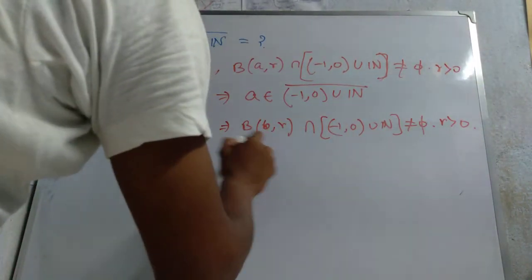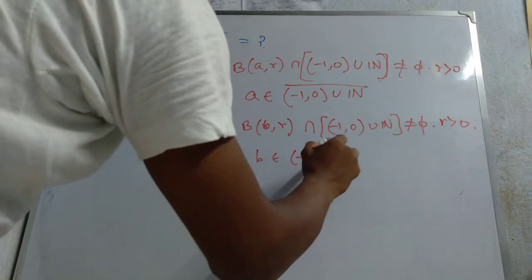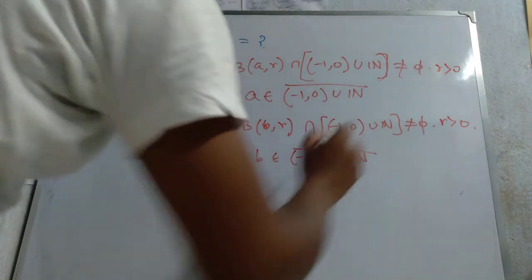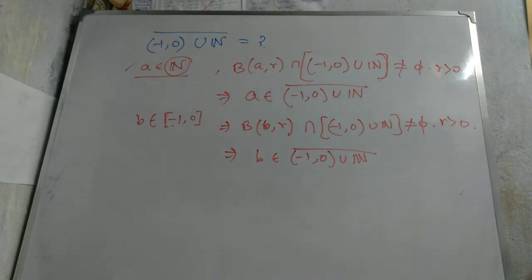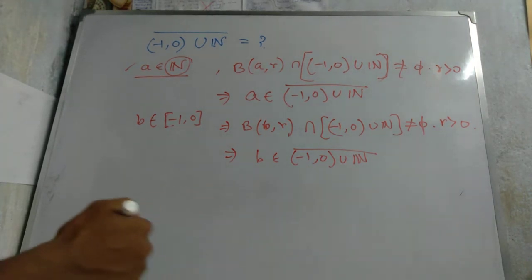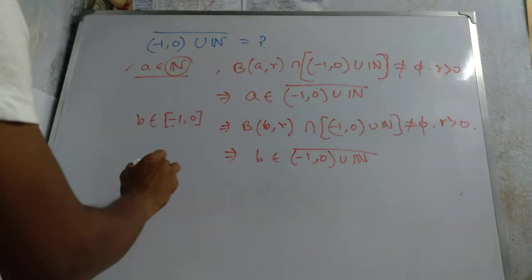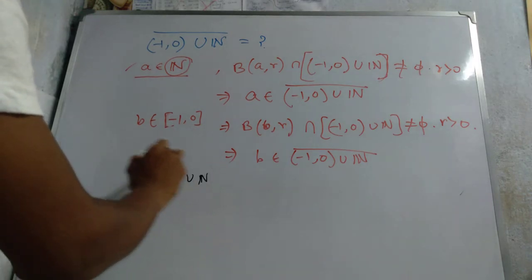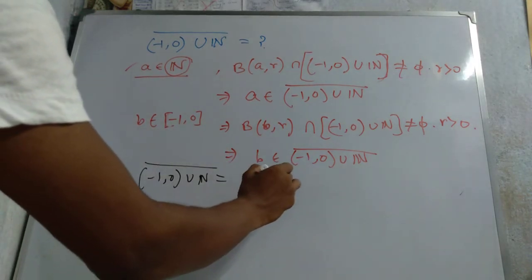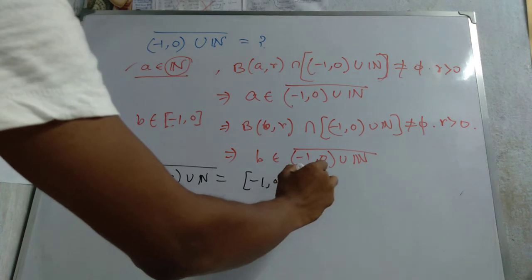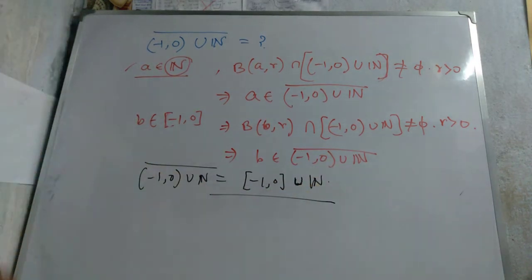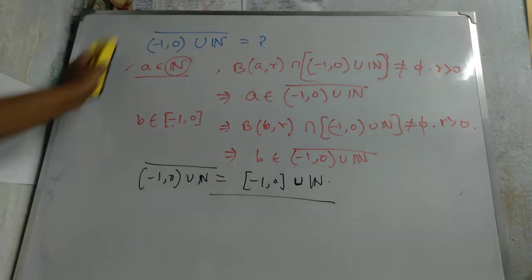This implies that p belongs to the closure, obviously. So what we get from here is easy: the closure of (minus 1, 0) union N equals [minus 1, 0] union N. Understand? This one we do so simply. Next we proceed to a further example. We erase this problem now.